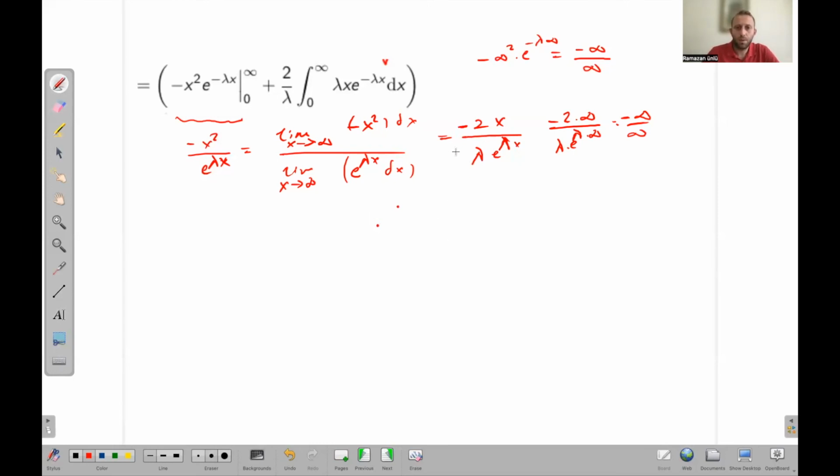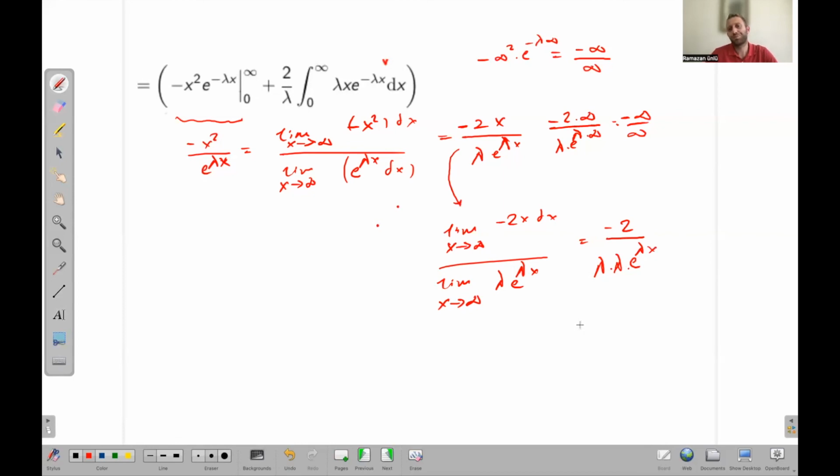I will calculate the limit as x goes to infinity of minus 2x, divided by the limit as x goes to infinity of lambda times e to the lambda x.